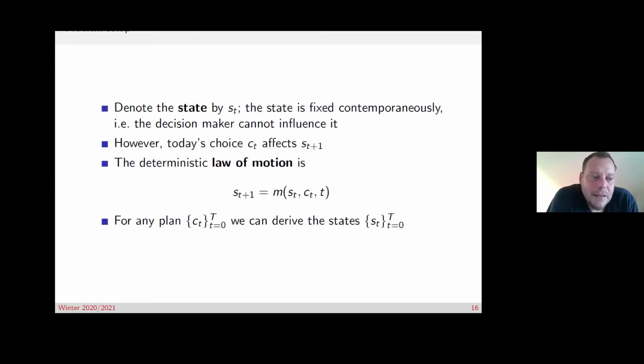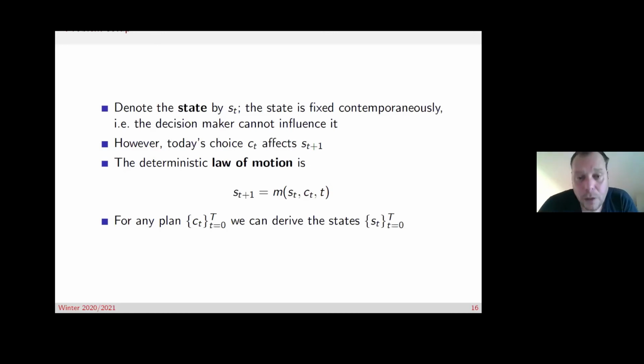This is a relatively clever way of incorporating these dynamic effects, because even in this very simple law of motion, my control today not only directly affects the state that I'm in tomorrow, but it also affects the state that I'm in the day after tomorrow, and the day after that, and so on.